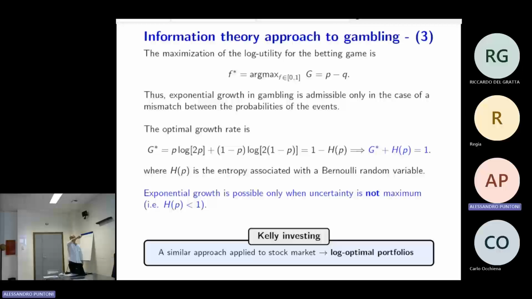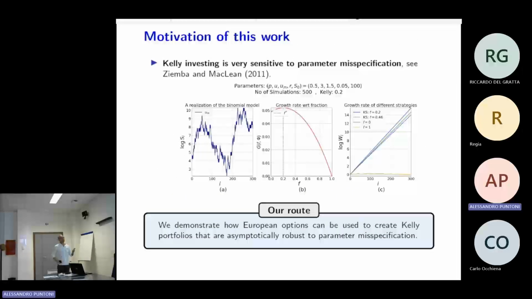The point is that we have an exponential rate of increase of our capital only if the entropy of the game is not maximum. That is, we don't have the maximum uncertainty. This is, very briefly, the review of Kelly's solution in gambling. We can apply this also in the case of investing to get the so-called log optimal portfolio, but it doesn't matter. What is the idea?